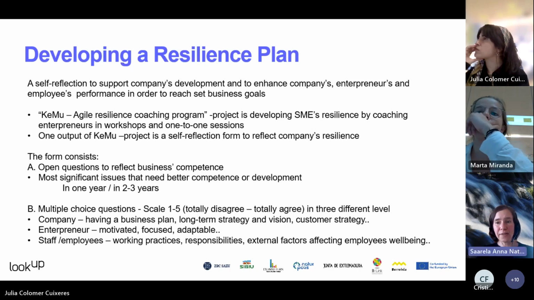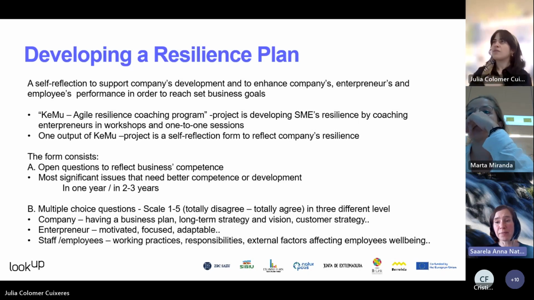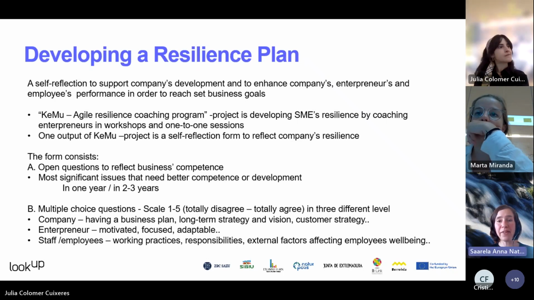Another part of this form is multiple choice questions that the entrepreneur scales on a 1 to 5 scale. And these are divided in 3 different parts or levels. The first level is company level.